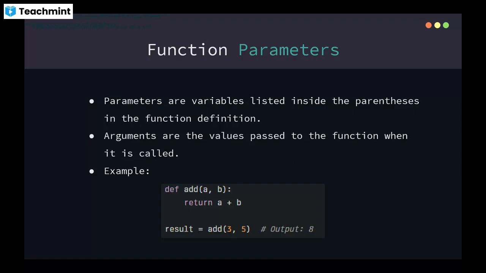For example, here you can see there is an add function, and for this add function we are passing two parameters, a and b. We want to do the addition of the data and print it.